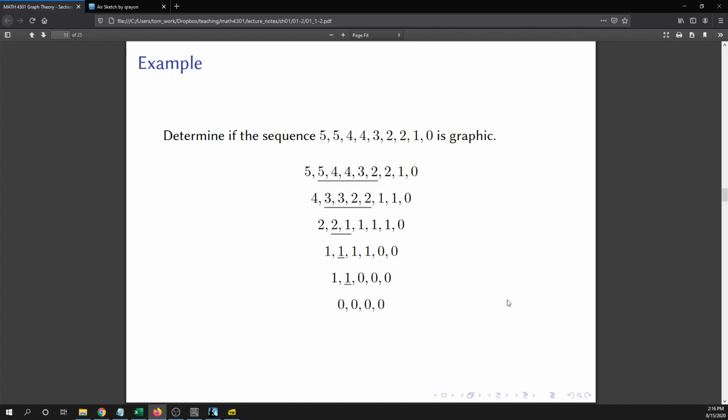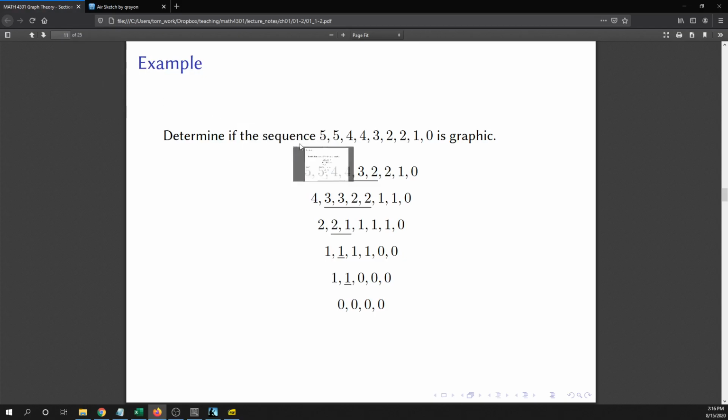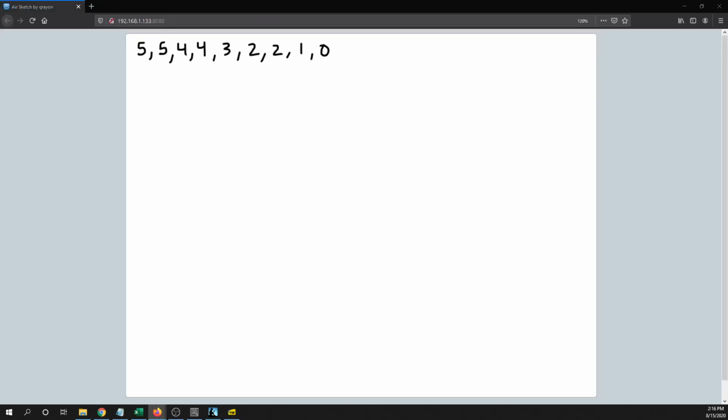So the degree sequence is 5, 5, 4, 4, 3, 2, 2, 1, and 0. Let me just double check that. 5, 5, 4, 4, 3, 2, 2, 1, 0. Okay.